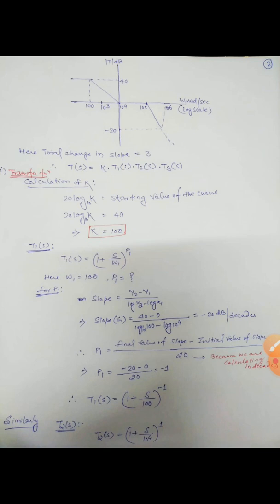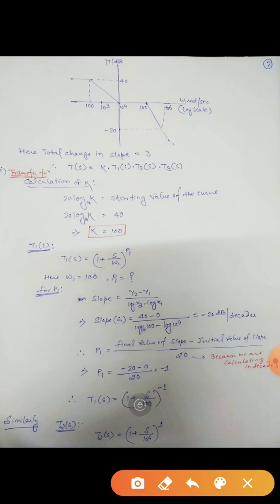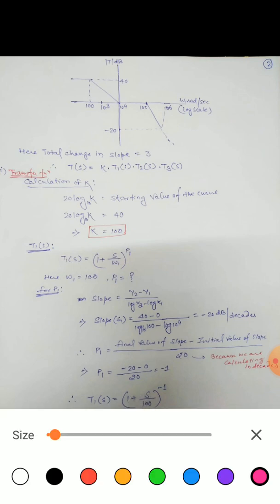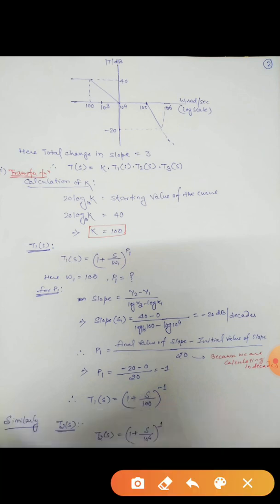In this particular question, you can see from here the Bode plot is having 3 changes in the value of slope. First change in the value of slope is at the frequency of 100. Second change is at the frequency of 10 to the power 4, and third change in the slope of Bode plot is at the frequency of 10 to the power 5.